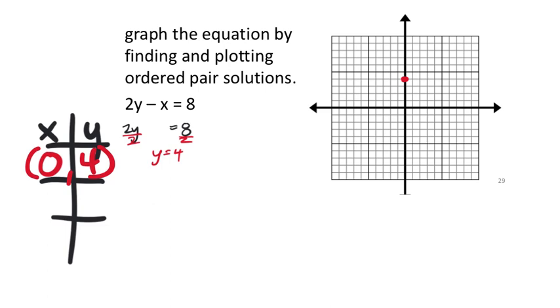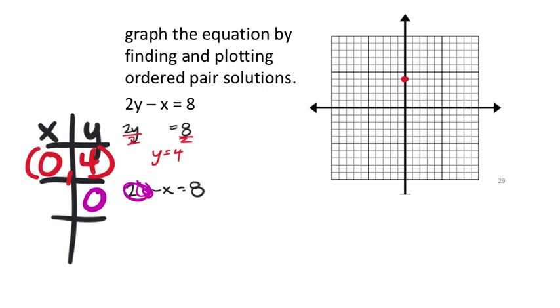The next ordered pair, I'm going to make the y value 0, right here. And again, let's go back to the equation: 2y minus x equals 8. But now I'm going to replace my y value with 0, which really just means I'm going to zero that out.